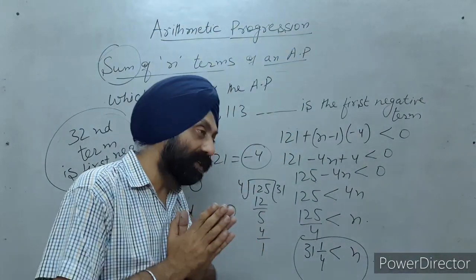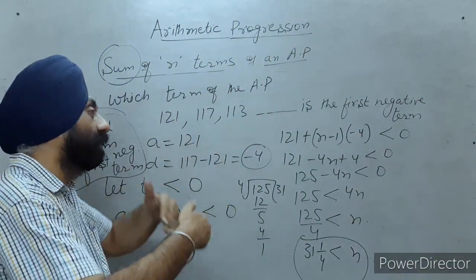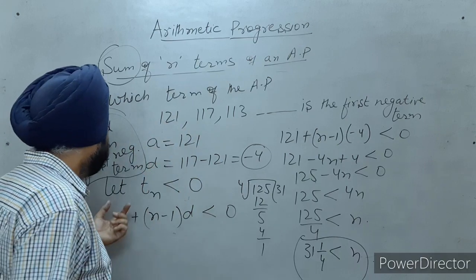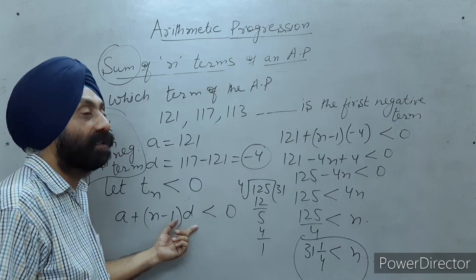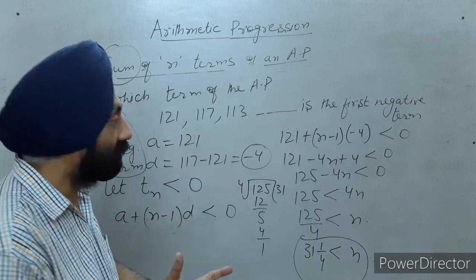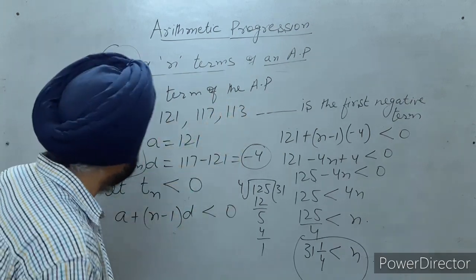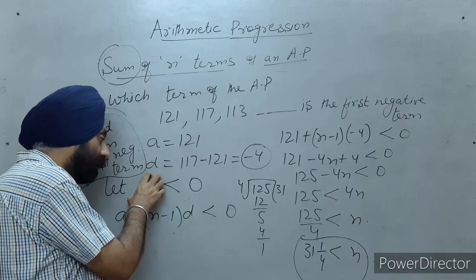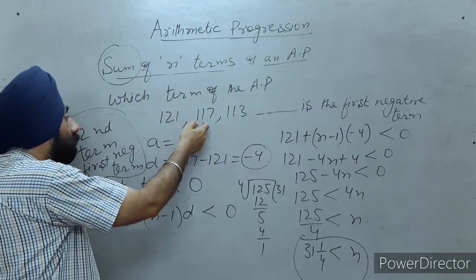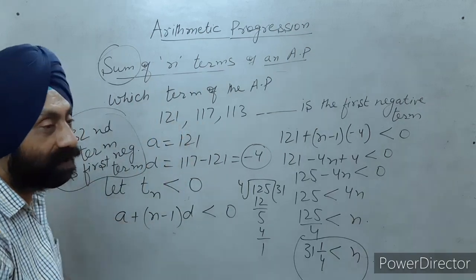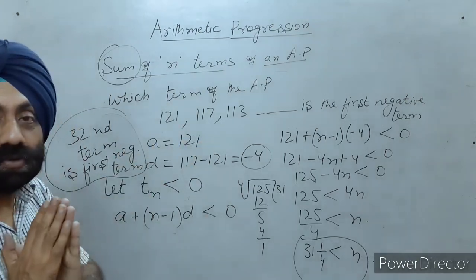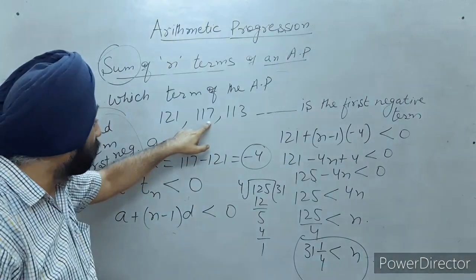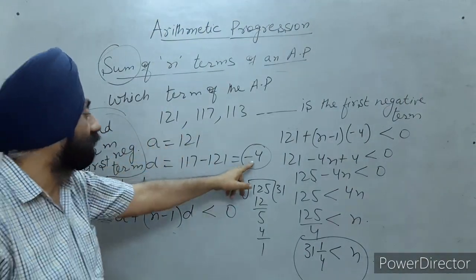It only uses the first formula of my lecture number 1, that is Tn is a plus n minus 1 into d. We suppose that the first negative term is our nth term. A was given; for the common difference, again you will commit a mistake by doing 121 minus 117, no, it is always second minus first, that is minus 4.